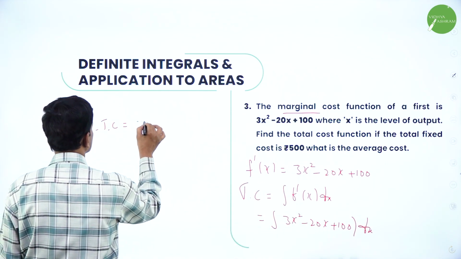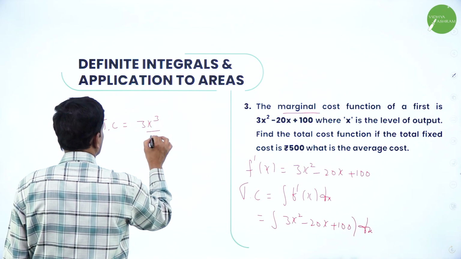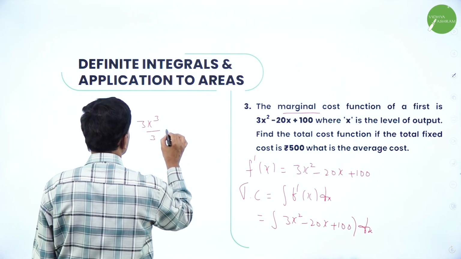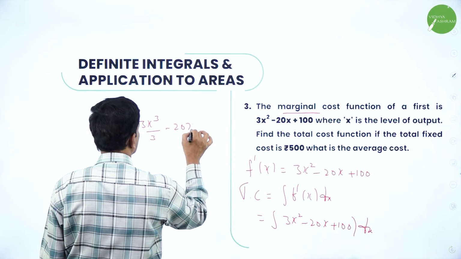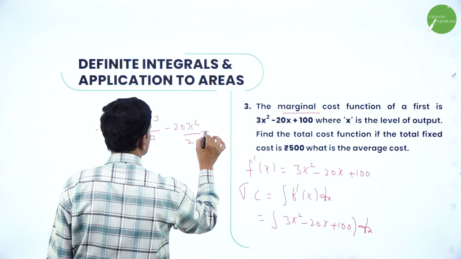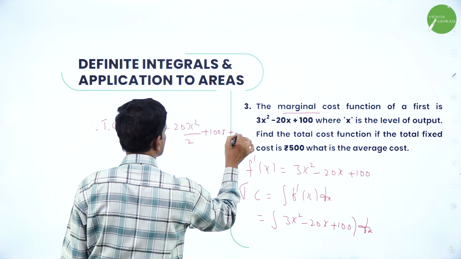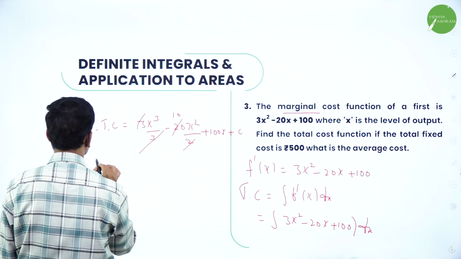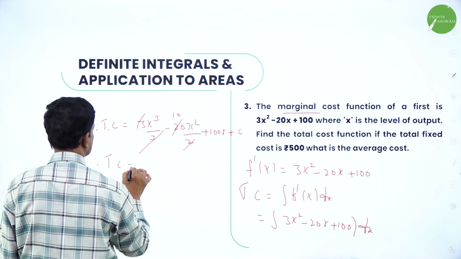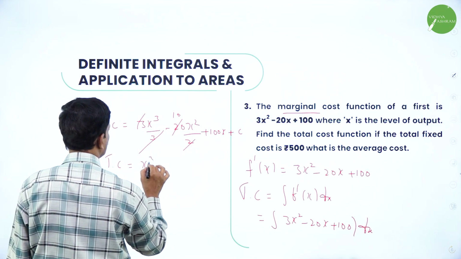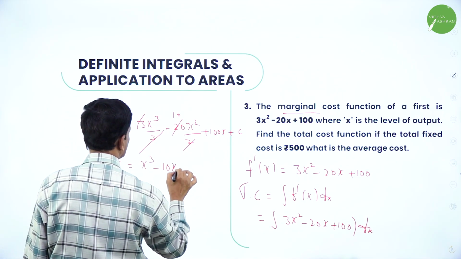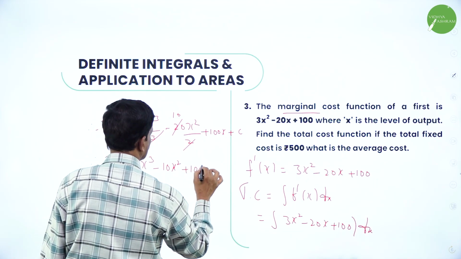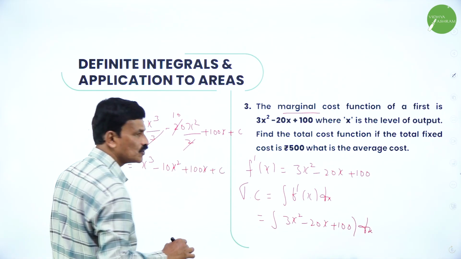Total cost is equal to the integral of x square, which is x cube by 3, minus 20 into the integral of x, which is x square by 2, plus 100x plus c. So 3 gets cancelled, 10 times gets cancelled. So therefore total cost is equal to x cube minus 10x square plus 100x plus c, right?